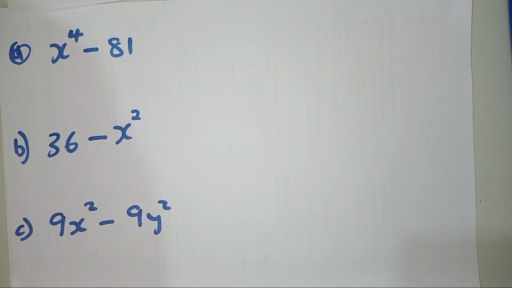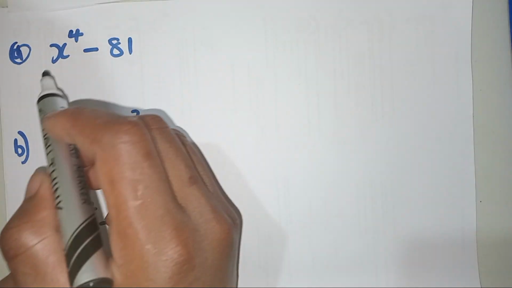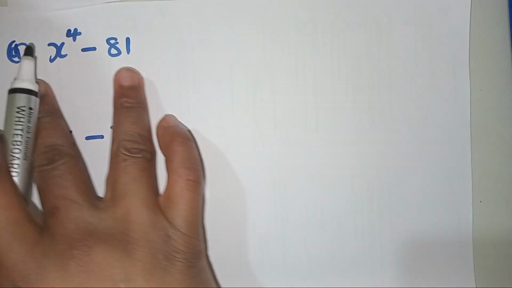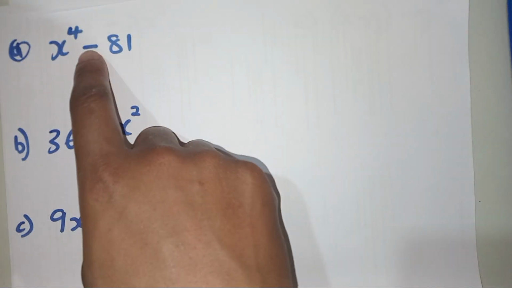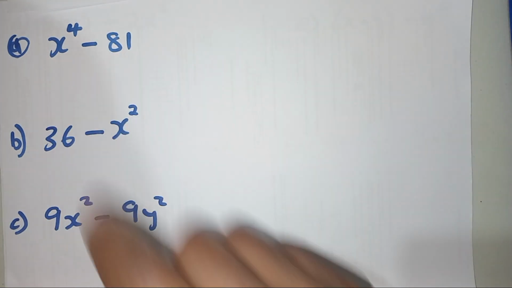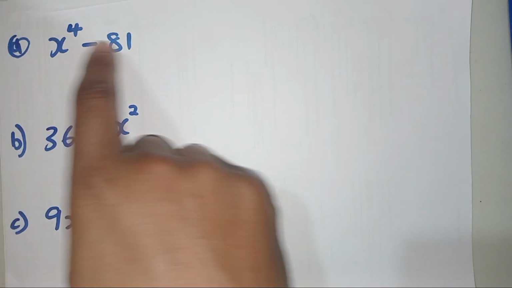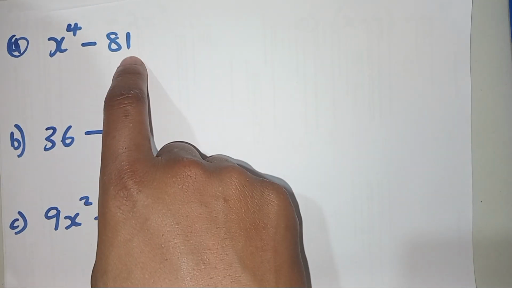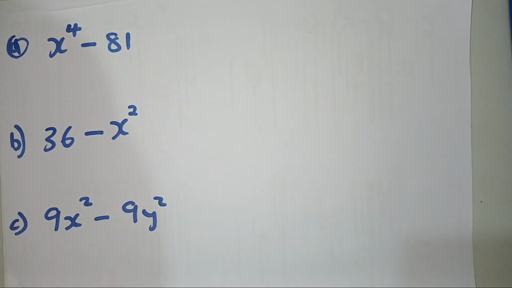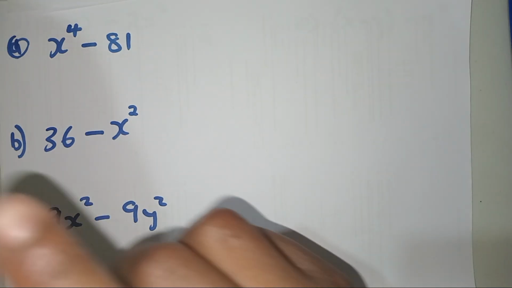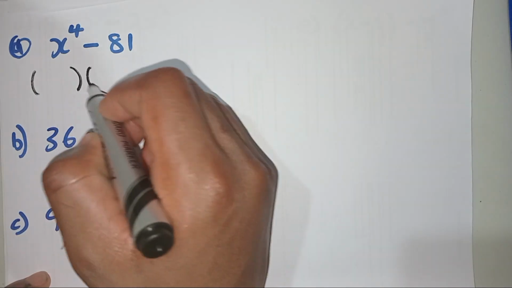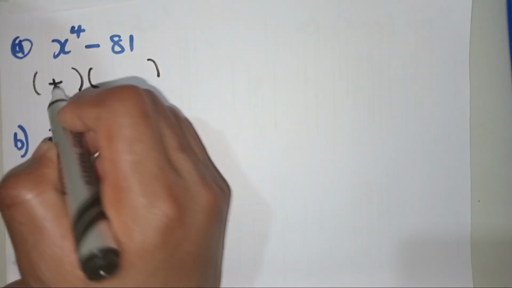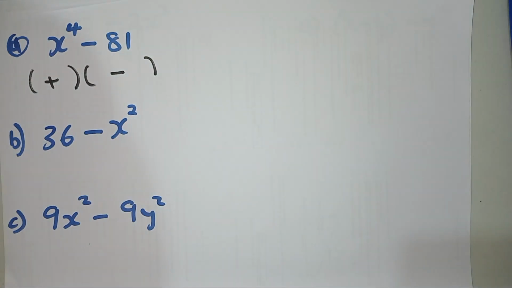If we have such a case, the first thing we can see is that there are two terms, one positive and one negative: this one is positive, this one is negative, minus 81. And then what are we going to do from there? We are going to open two brackets. We write plus, we write minus, the difference of two squares, right?